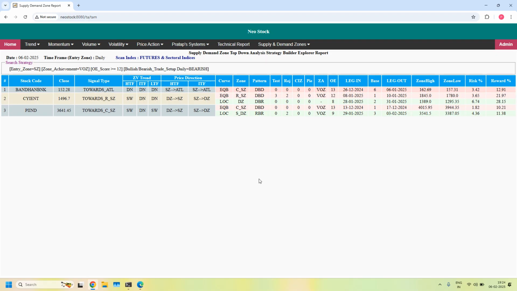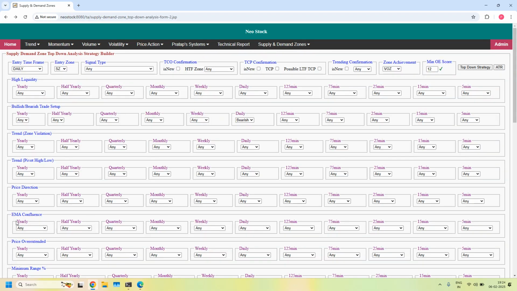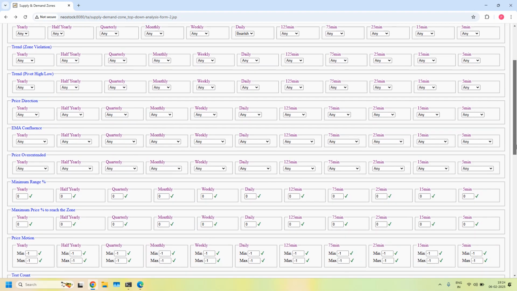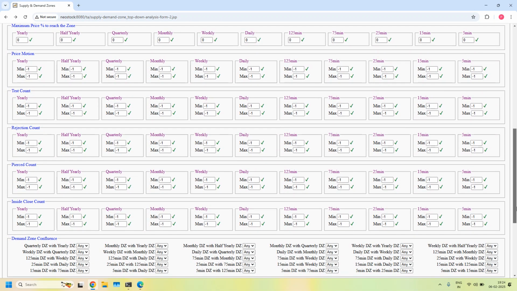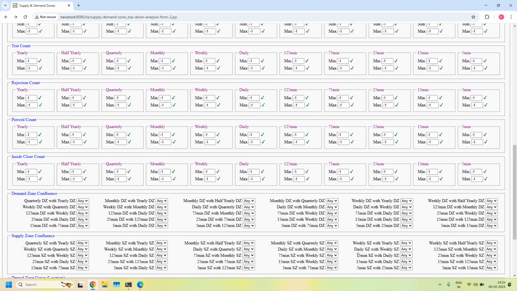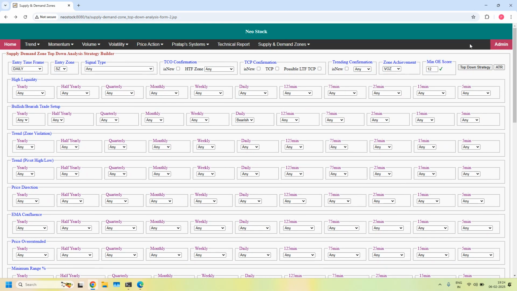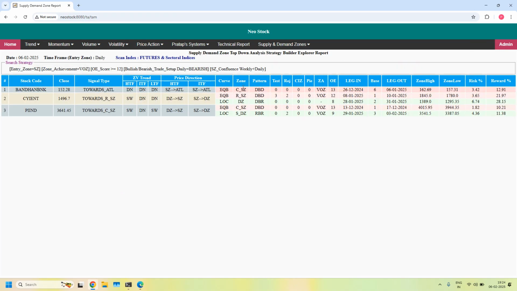So let us look for zone confluence among these 3 stocks. That is a daily supply zone with weekly supply zone confluence. Enable the filter. All the 3 stocks are filtered. That means these daily supply zones are overlapped with weekly supply zone.